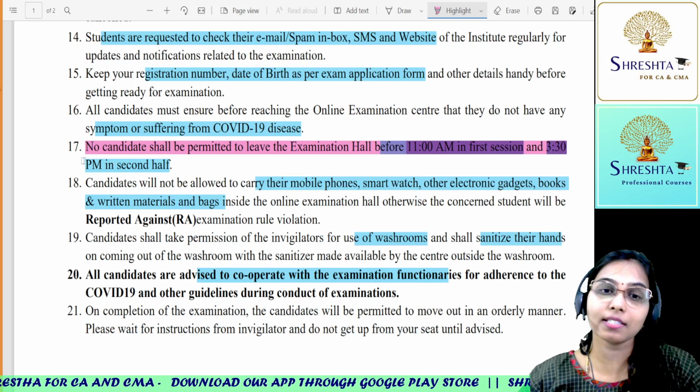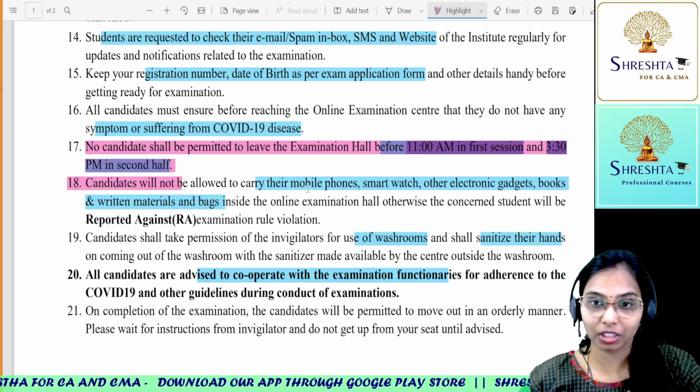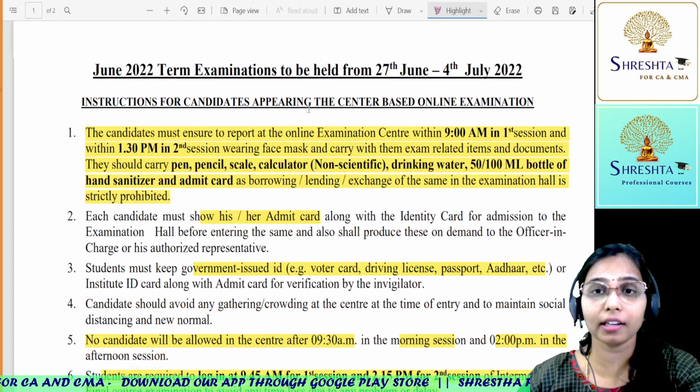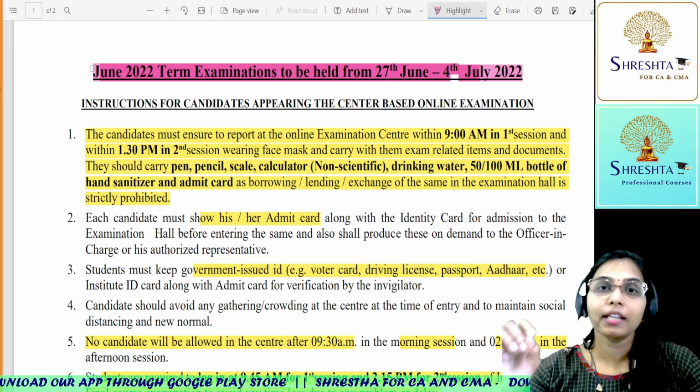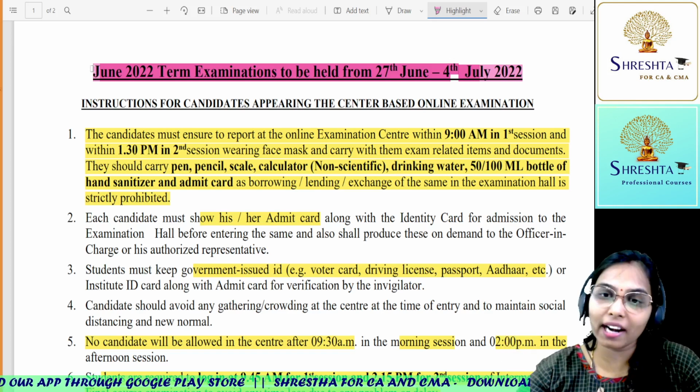Okay, so these are some important things necessary for you to remember. Read them once, and take all the necessary things and requirements like your admit card, registration number, date of birth, and your Aadhaar card, PAN card or voter ID card as ID proof.